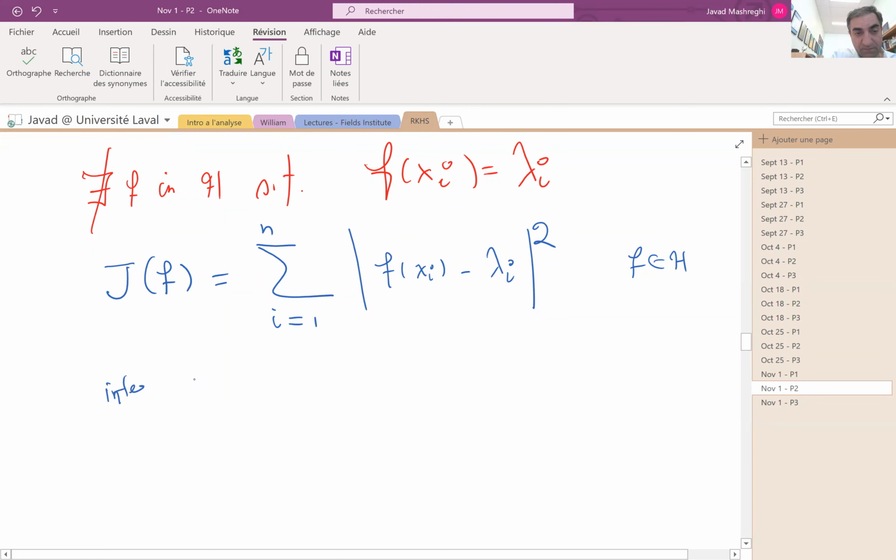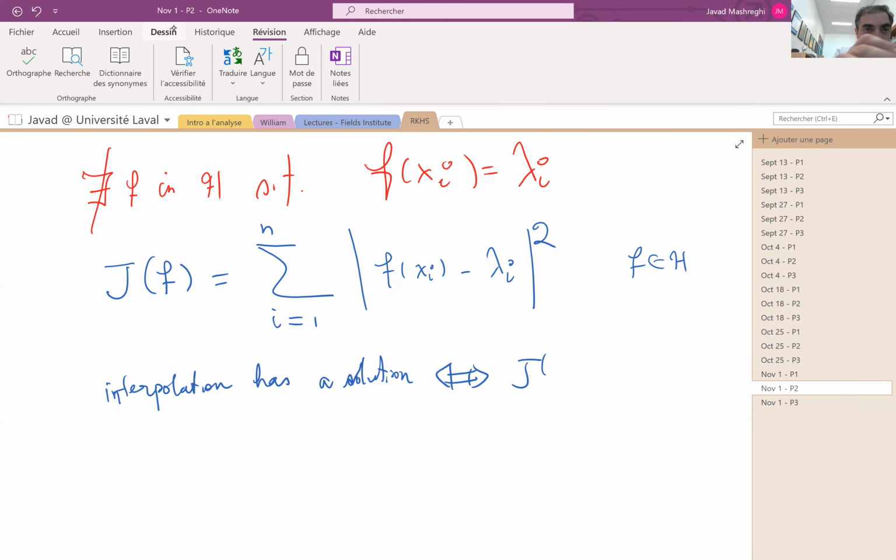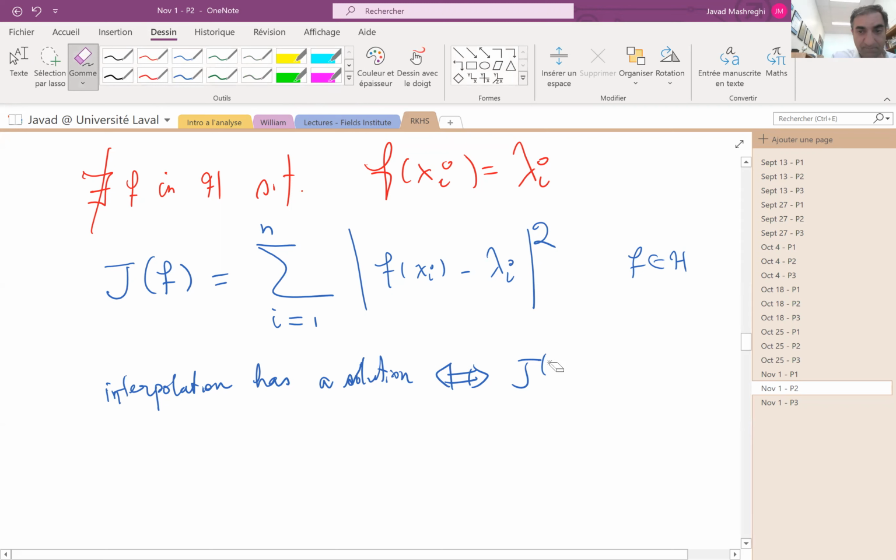In other words, interpolation has a solution if and only if there is an f in H such that J of f equals 0.